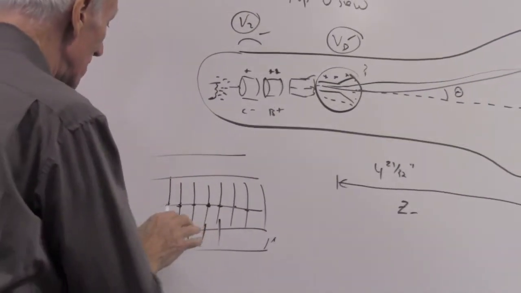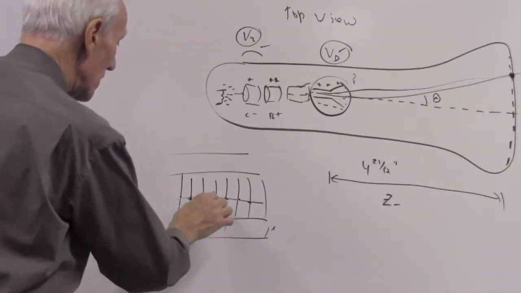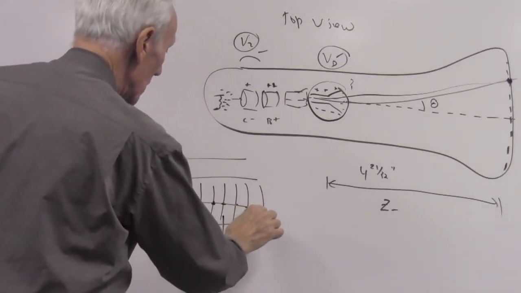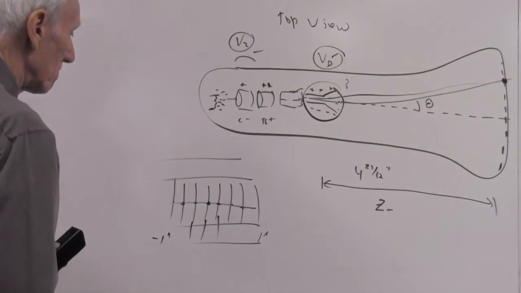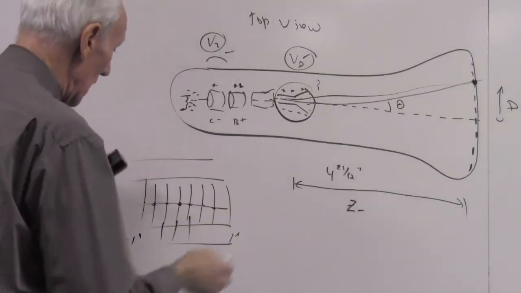So that's our data: 9 data points. What is the voltage V sub D that it takes to move the dot from the middle of the screen to +1 and -1 inches? And I've got things to say about that when we look at the apparatus and how to do that.